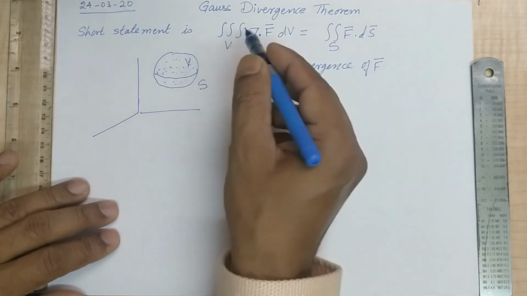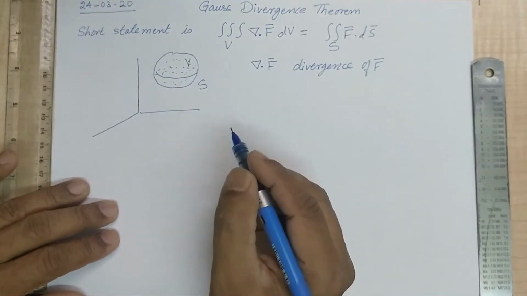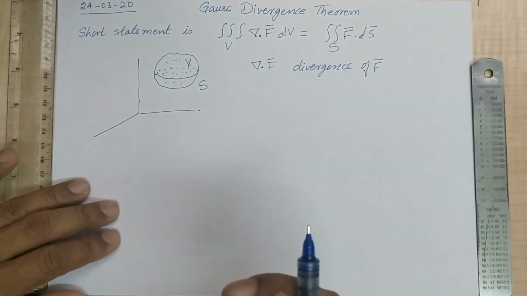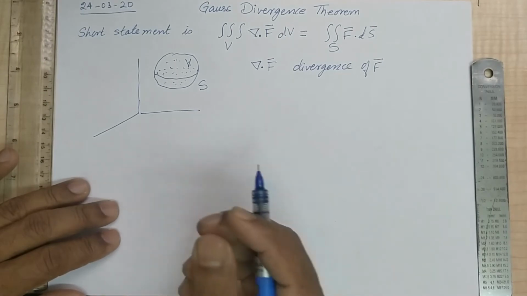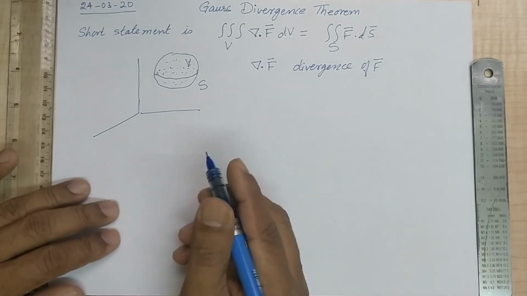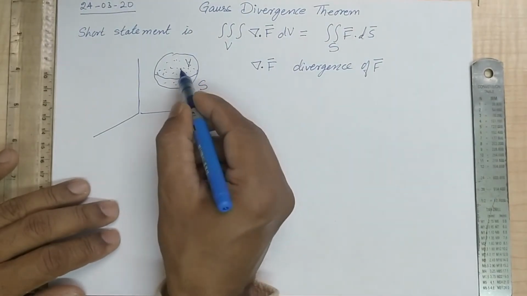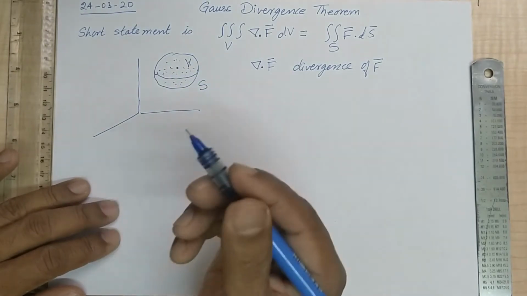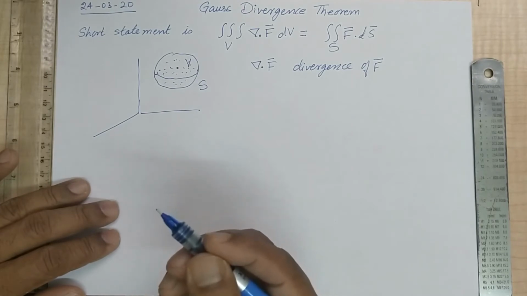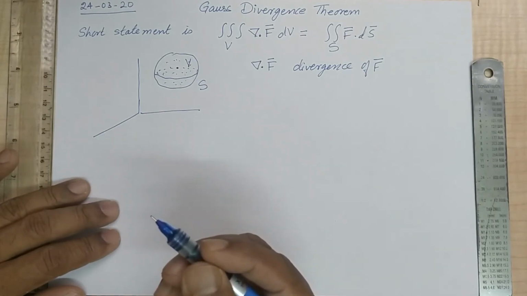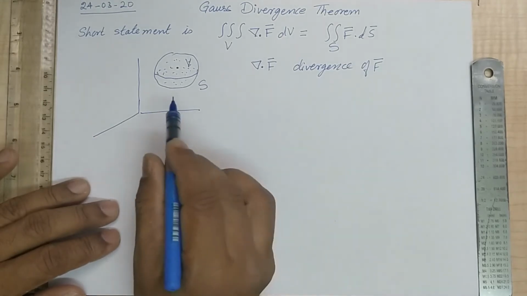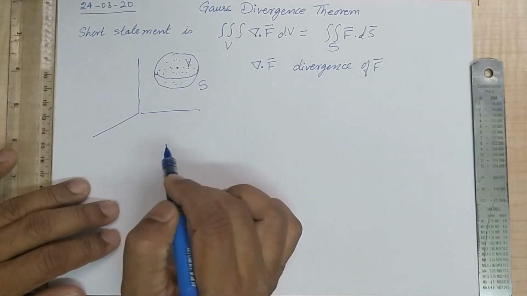So what is the left hand side actually doing? Divergence, as we know, is the measure of the strength of the source. So if one is looking at del dot F bar at each point of V, then one is looking at how much mass, let us say, is being generated at that particular point.